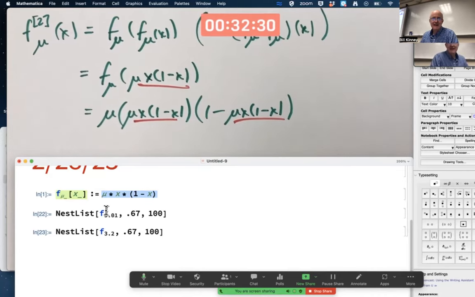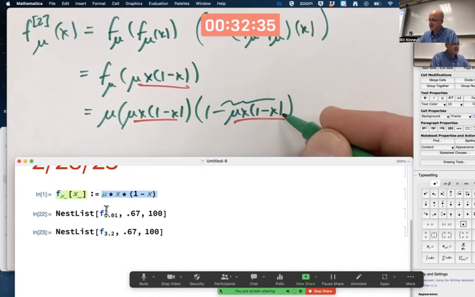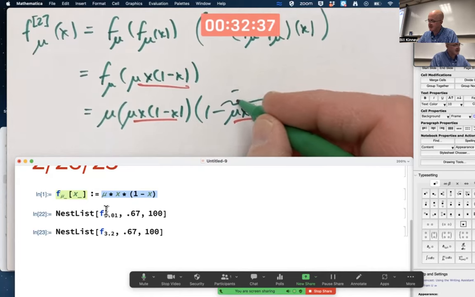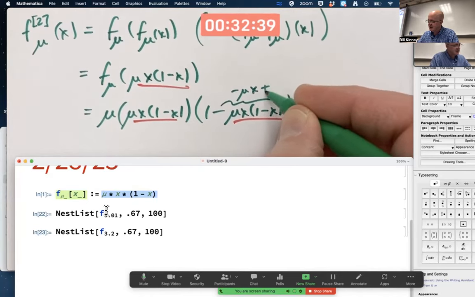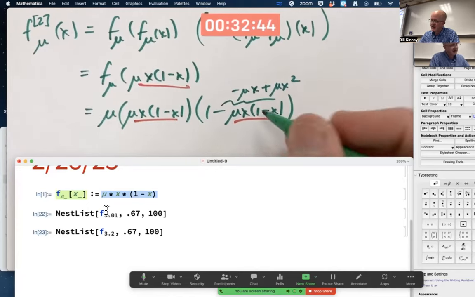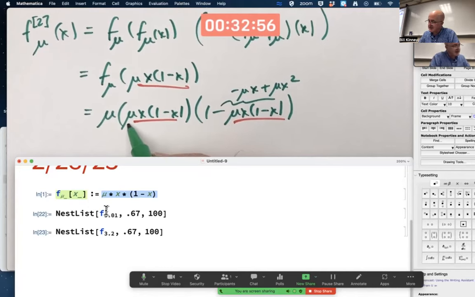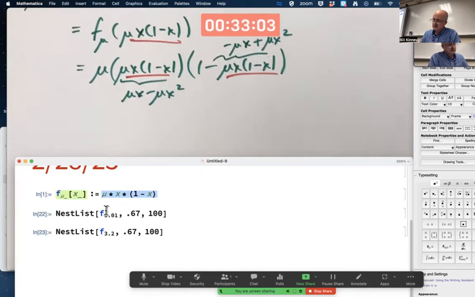I better simplify. Let's see, if I distribute the minus mu x through the parentheses here, it's going to give me minus mu x plus mu x squared. So ultimately I have a trinomial. Is this worth expanding or not? I think it's worth expanding just to do it. And we will need to take its derivative. So yes, it is worth expanding here. This expands to mu x minus mu x squared.